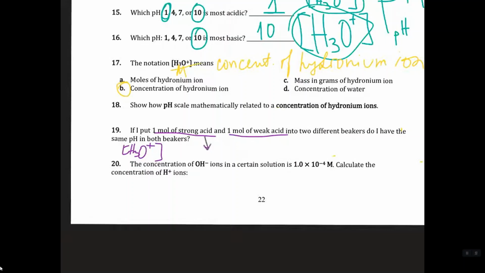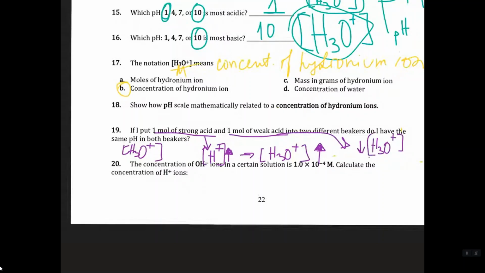And strong acid produces a lot of hydrogen ions, so a high concentration of hydrogen ions that change into a high concentration of hydronium ions, right? This is because hydronium ions form when hydrogen ions are captured by water, versus weak acid, which produces a small amount of hydronium ions.